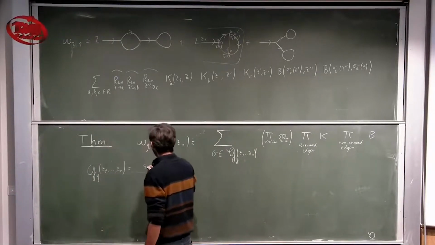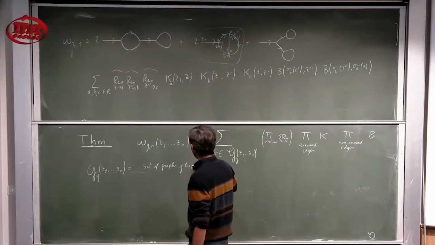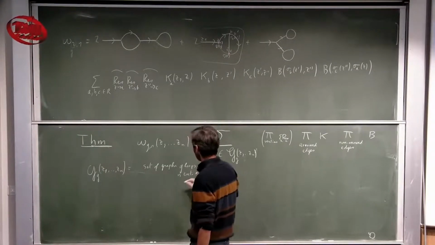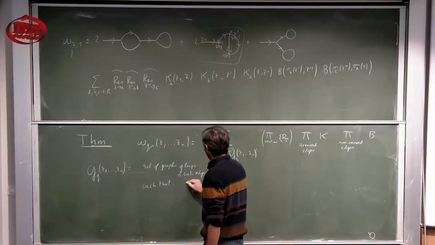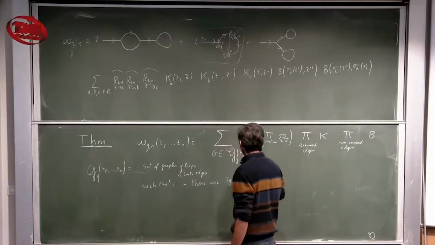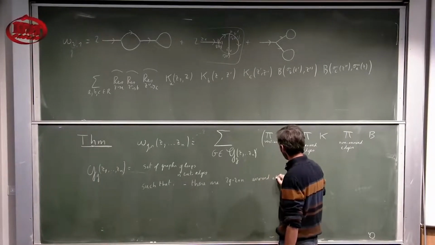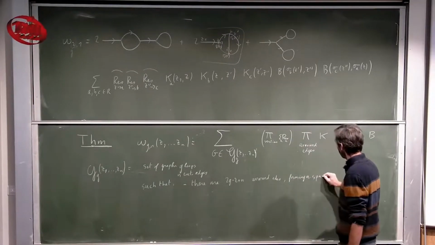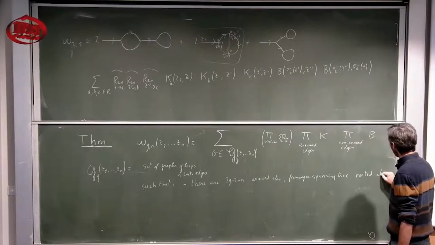It's the set of graphs that have g loops on n external edges, such that there are 2g minus 2 plus n arrowed edges forming a tree, a spanning tree, and rooted at z1.